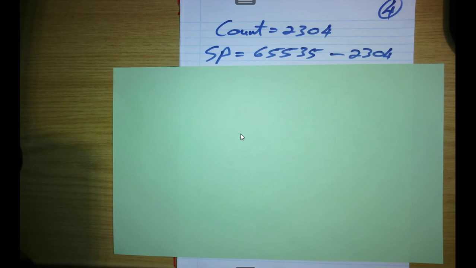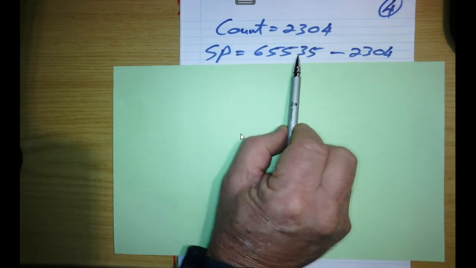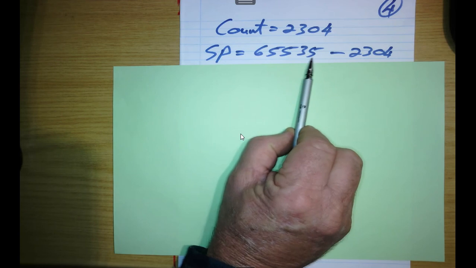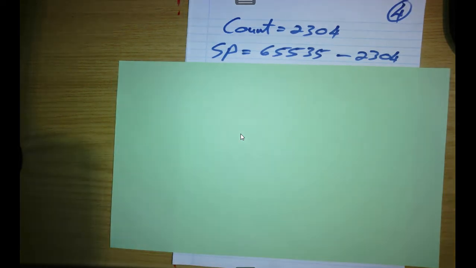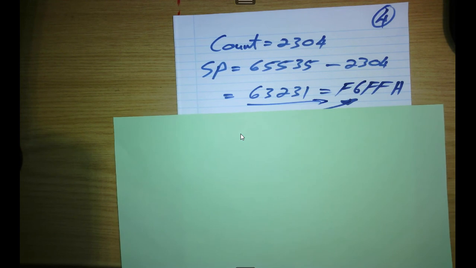So that can really quickly translate to the start point. Where do I start? The start point will be 65,535 minus 2,304. It's actually supposed to be 36 here, but it's so close, so I'm just going to keep it as 35. So the start point then is going to be 63231, which is translated in hex F6FF.